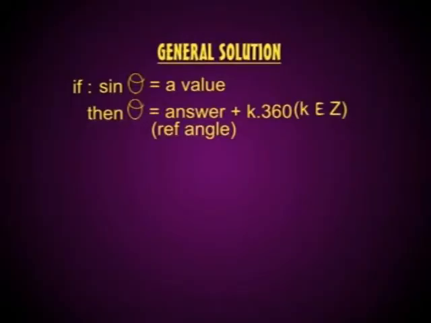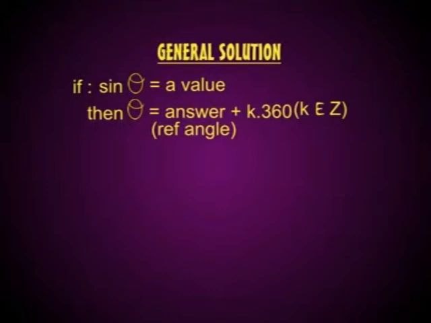That brings us on to the general solution. If I had to say sine of theta is equal to a value, that means that theta is equal to an answer, or rather the second function of that value, which is otherwise known as our reference angle, plus k times 360 degrees, where k is an element of integers.